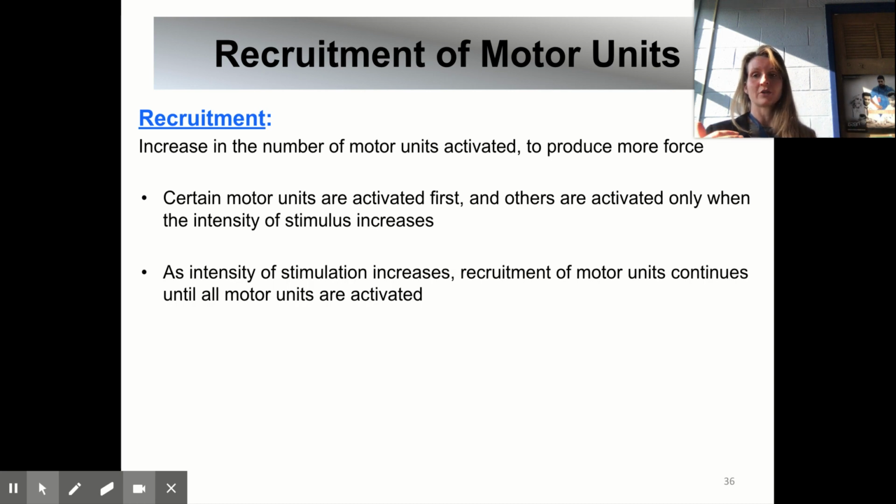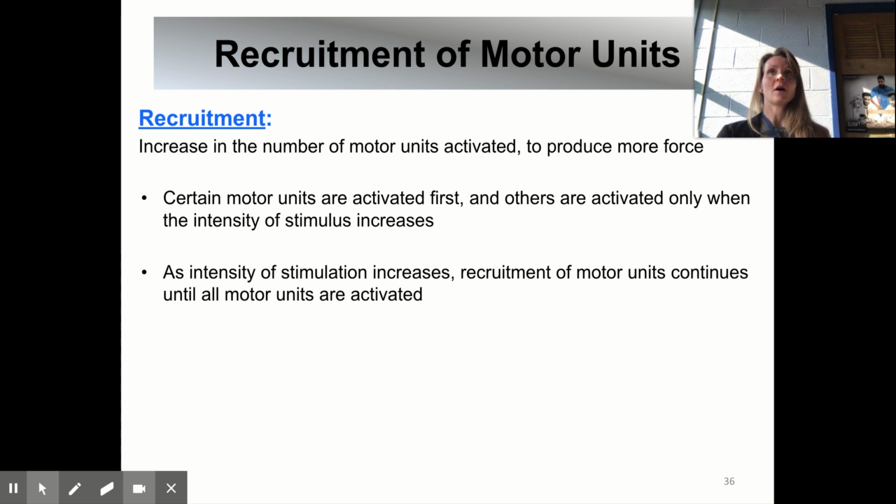As an infant, you actually get control of the larger units before you get control over the smaller units. Recruitment is the increase in the number of motor units activated to produce more force. As you try to create more force within a muscle, you recruit more and more of those fibers. Certain motor units are activated first, and others activate only when the intensity of the stimulus increases.